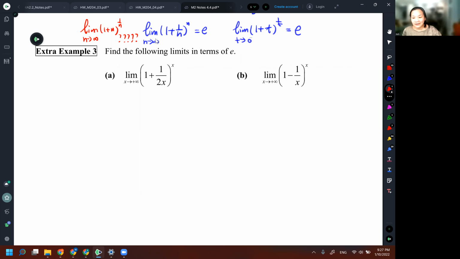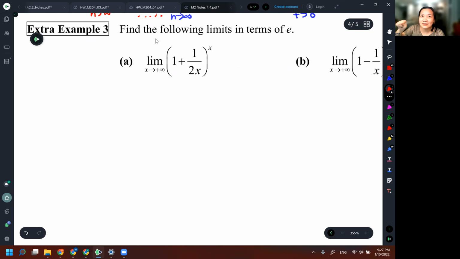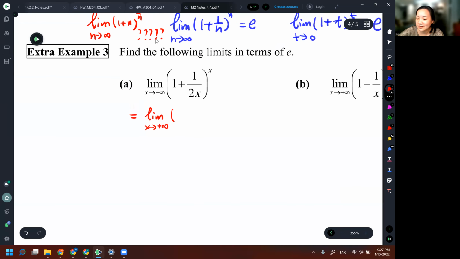Anyway, with this method you don't have to use the calculator. In this example, you don't have to use the calculator. This is what you do. It's similar to the proof. Remember the proof? Now take this limit, and then you change it little by little until you get the form you want.